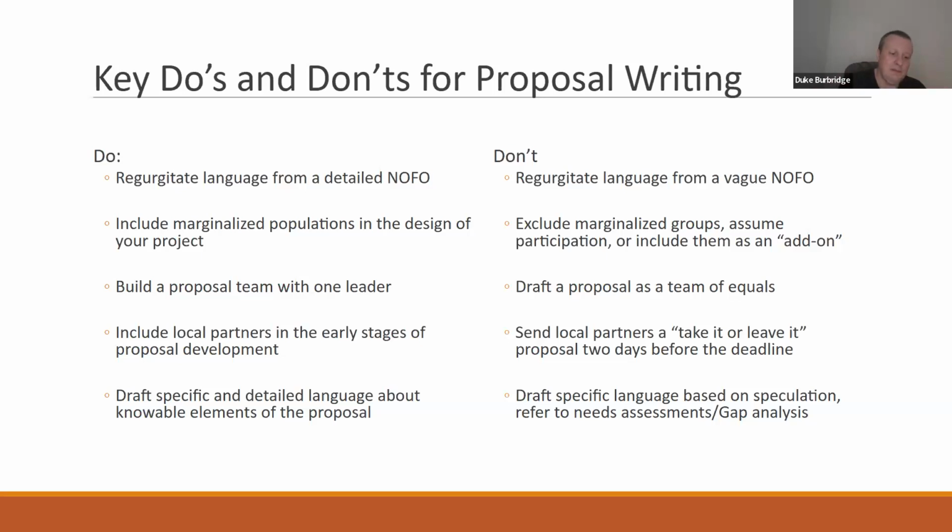If the NOFO says, we want to empower women through education by making tertiary education accessible to single mothers, if they go through a very detailed description, some of these will have 2 pages telling you exactly what you're going to do if you win this proposal, if they lay it out like that, then you're going to have to use a lot of that language and throw it back at them.